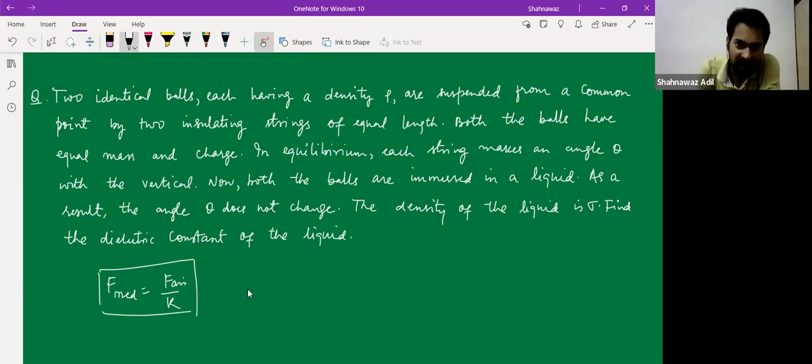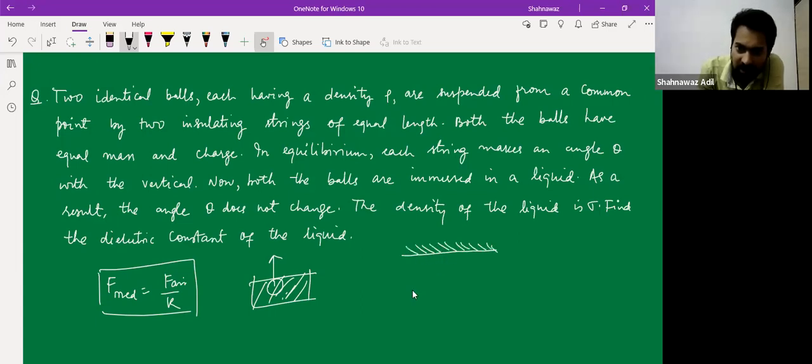And the second thing is that whenever you place the charge in some liquid, it will experience some buoyancy. So these are the two key points to solve this problem. Okay, so let us draw the diagram first. The diagram we have already encountered, right? So this is the diagram.